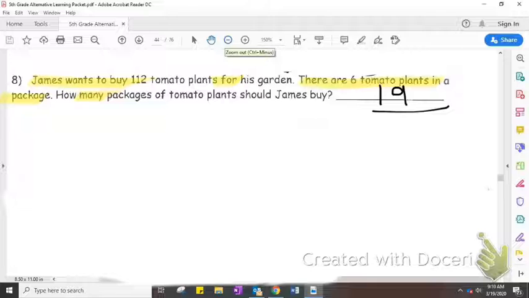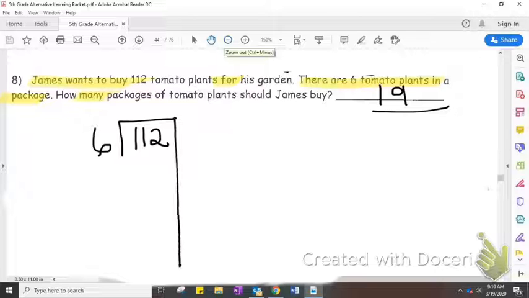Okay, so 112 divided by 6. Alright, so when we're dividing this way, partial quotients, I can use what I know. I know that 6 times 10 is 60. So we'll subtract from 112, and we get 52. I know that, let's say, 6 times 5 is 30.